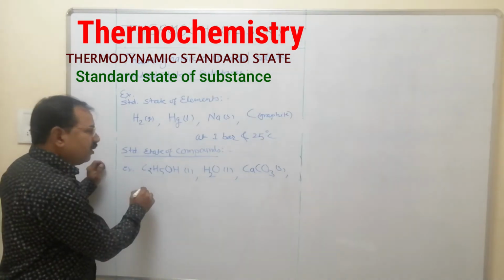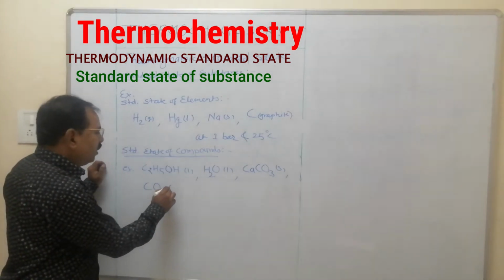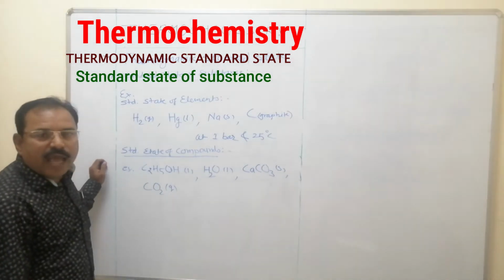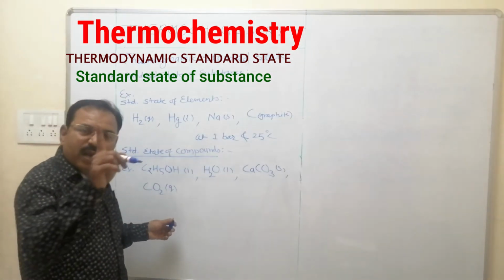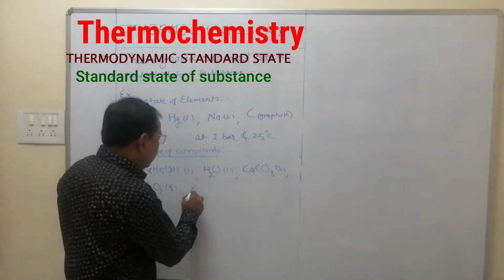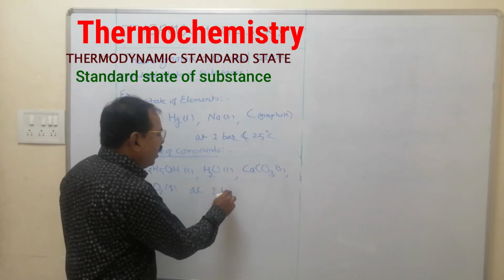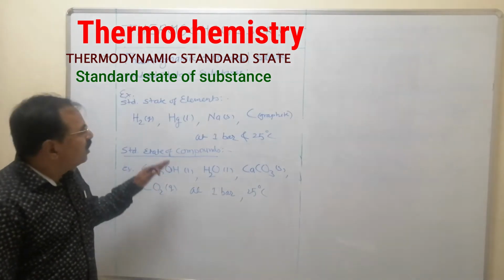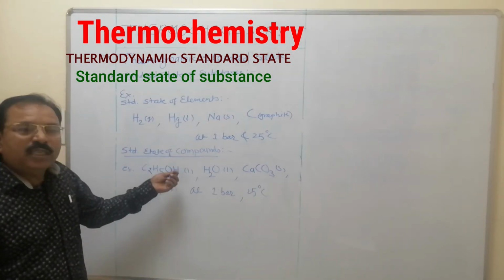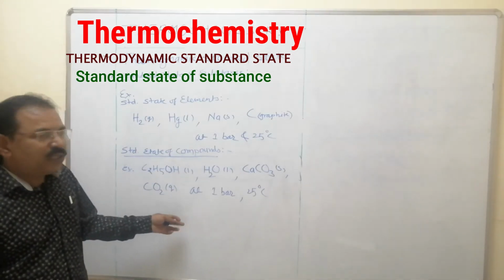Carbon dioxide, CO2. Its standard state is gas. All these are at 1 bar pressure and 25 degrees Celsius temperature. These are the standard states of elements and standard states of compounds.